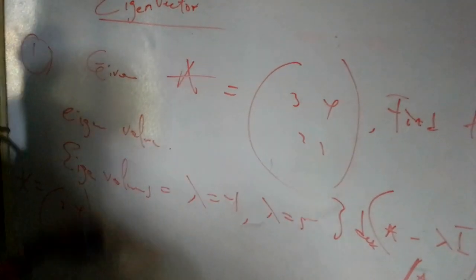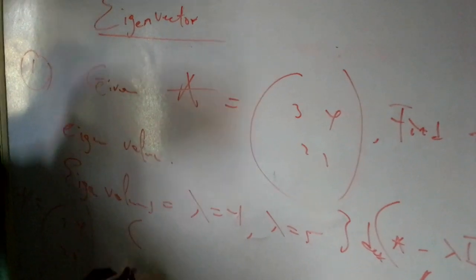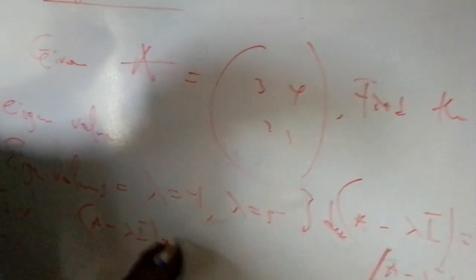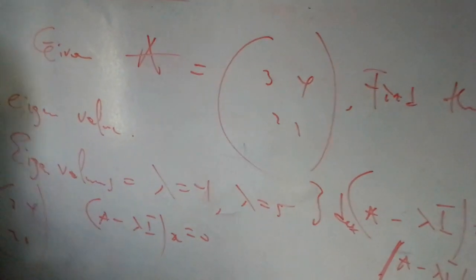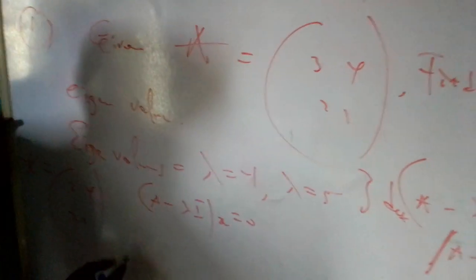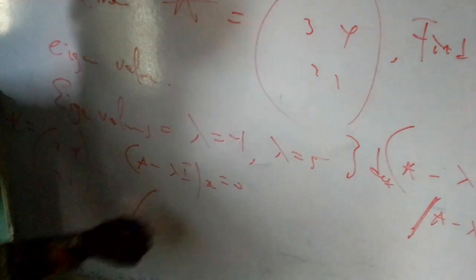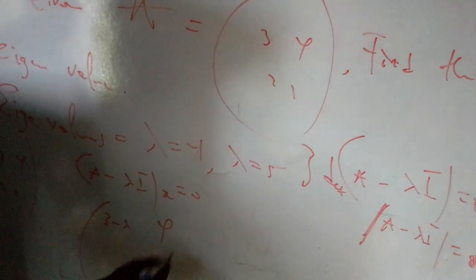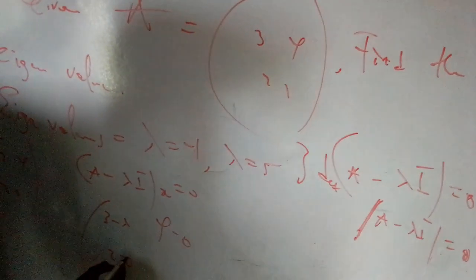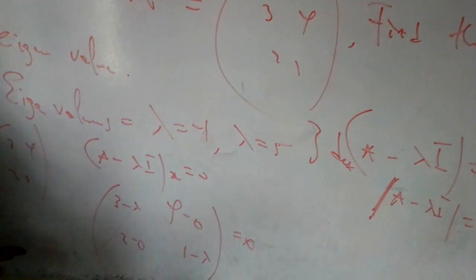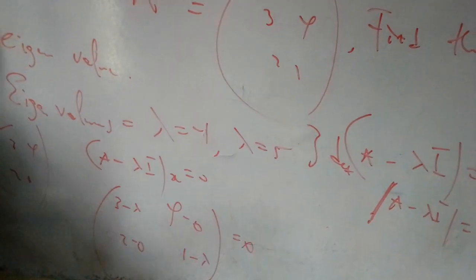The formula for finding an eigenvector is (A minus lambda times the identity matrix) times x equals 0. For the eigenvalues we had 3 minus lambda, 4, 2, 1 minus lambda, but in this case we are not looking for the determinant, because what we are looking for is the eigenvector.